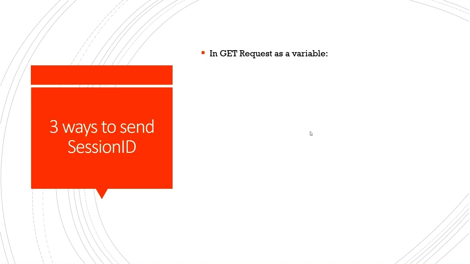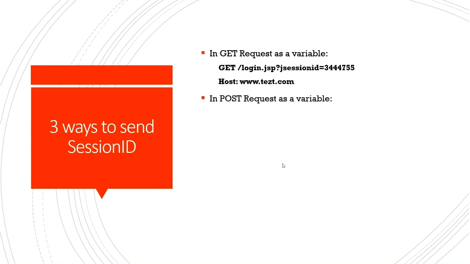If you enter a valid username and password on test.com, the request will look like this: GET /login.jsp with the JSESSIONID and some value, then the host name www.test.com. This is a normal request you see once you are logged in with the username and password. This is the login page.